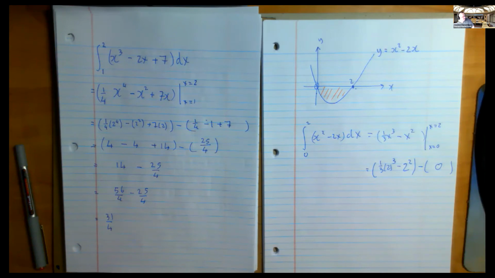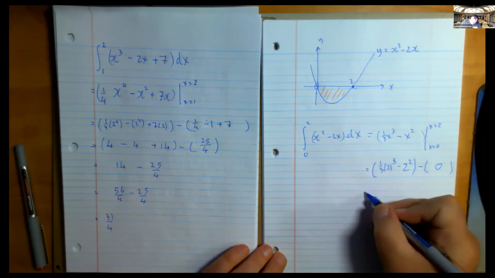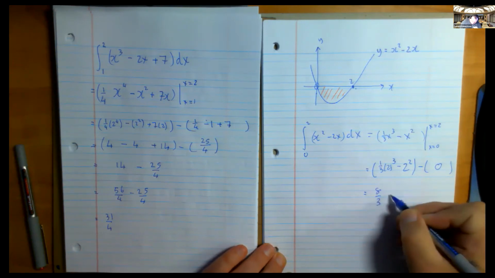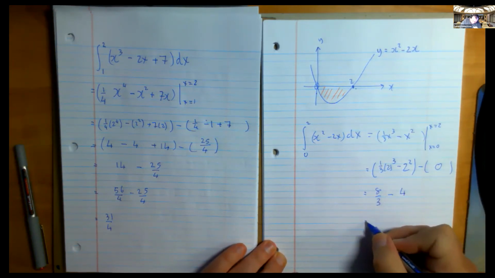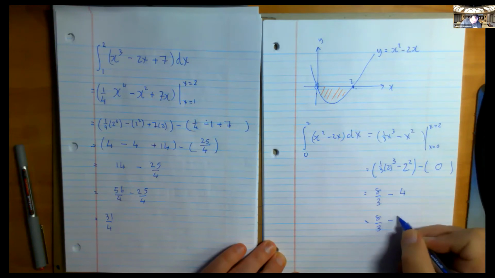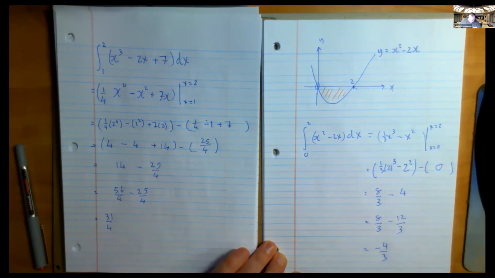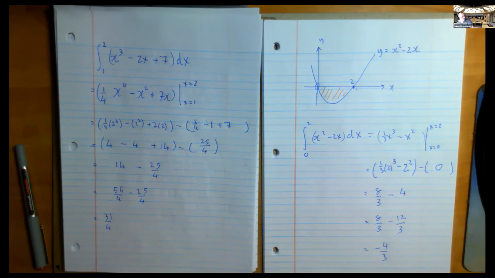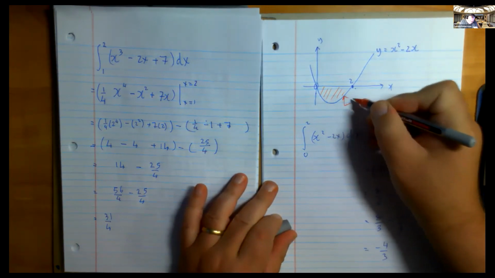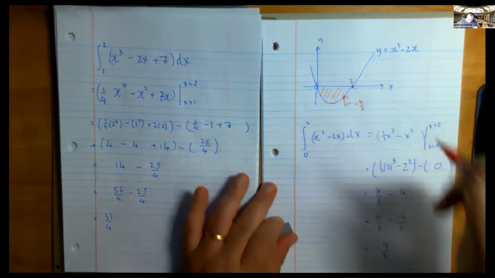If you know the answer is going to be 0, just write 0. Now that makes this guy 8/3 take away 4, which is 8/3 take away 12/3, and isn't that nice? Yes, the answer is negative. It's negative 4/3. So that area in there is negative 4/3.